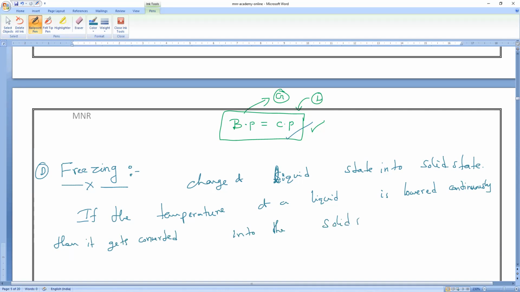Solid state. So what is this process called, converting liquid state to solid? Freezing. That's freezing.